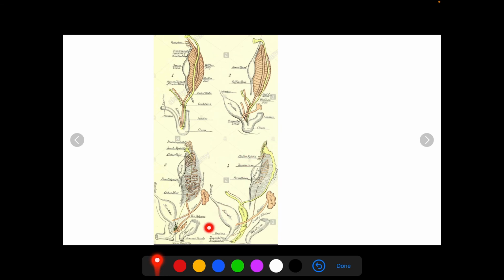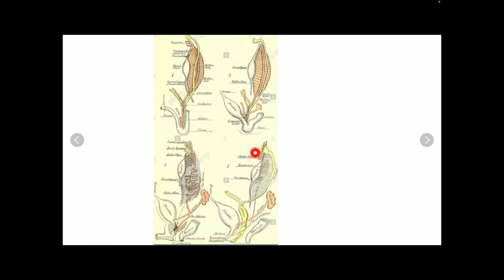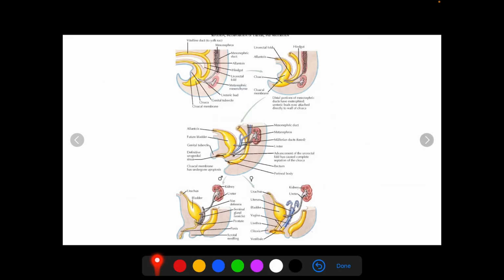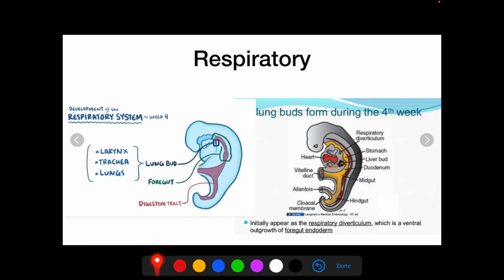That explains the same things but in a different way, with different pictures. Now the respiratory system is an easier part because it originates from the foregut, and anterior to the foregut there will be budding, called the lung bud.